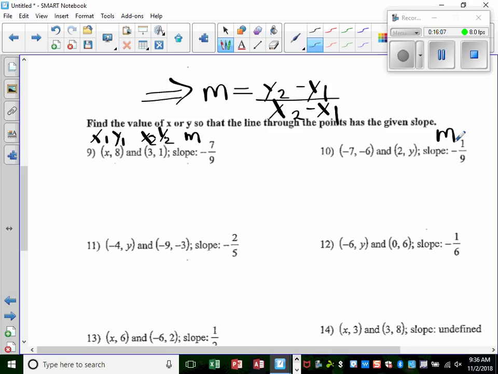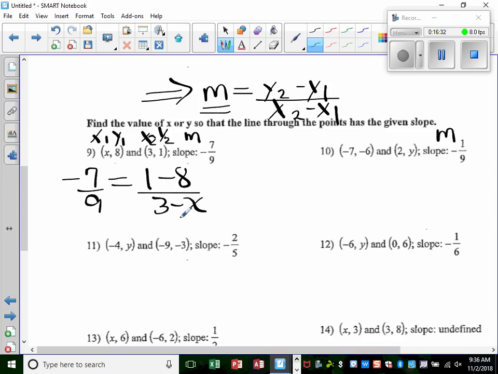So I do know the slope this time is -7/9. I'm just following it up here, equals. Then I'm going to put in my y sub 2 number, which is 1, minus 8. That's my y2 minus y1. My x2 minus x1 would be 3 minus x.